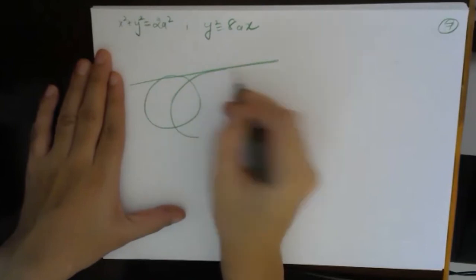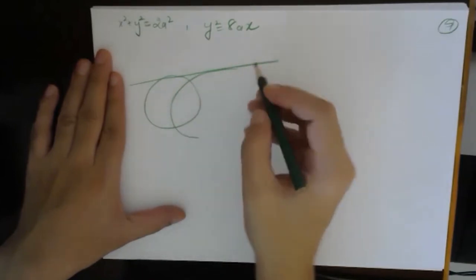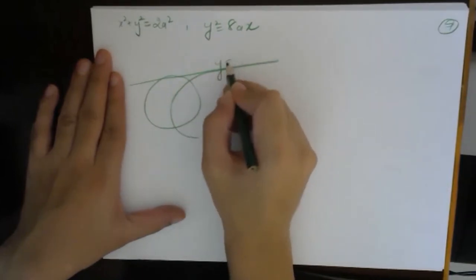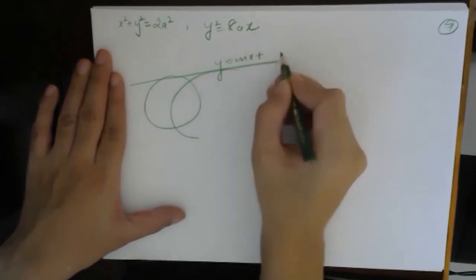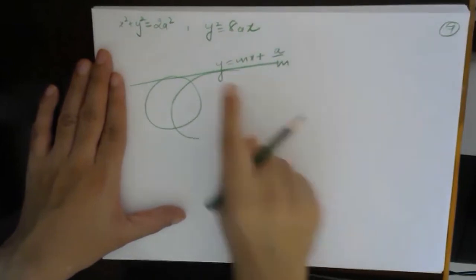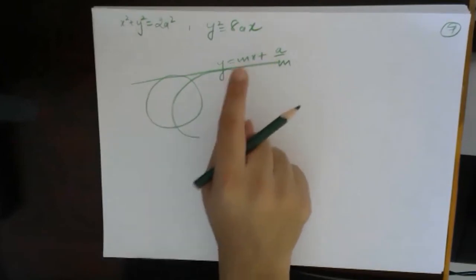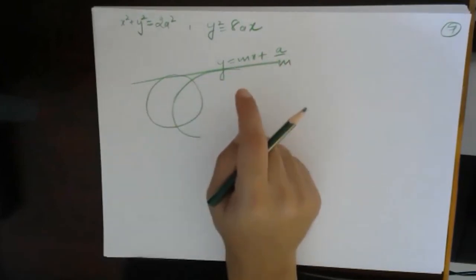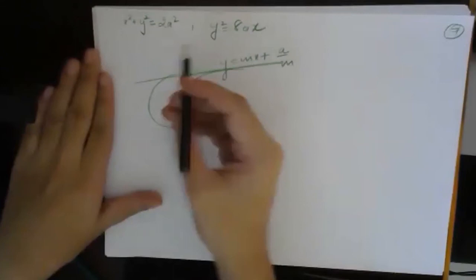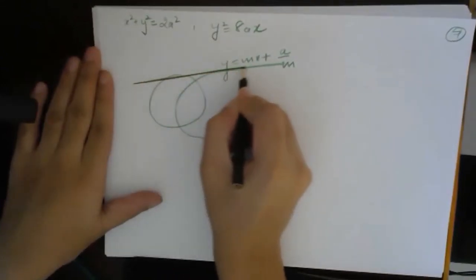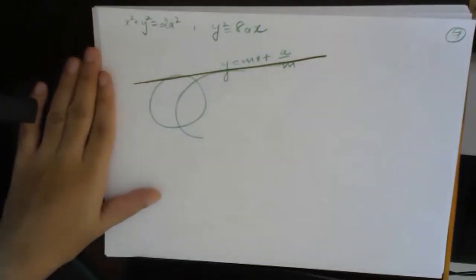First, suppose y is equals to mx plus a by m. This will be the equation of the tangent. I will draw the tangent in a different color.